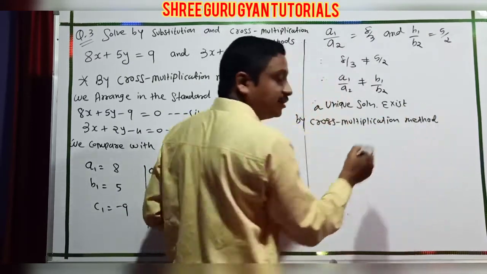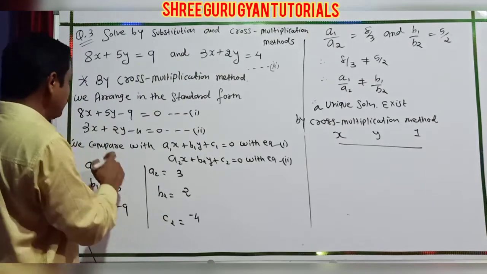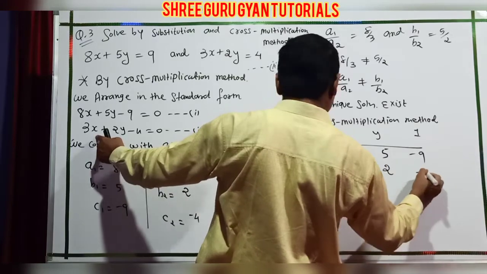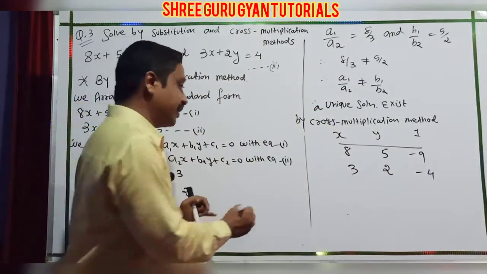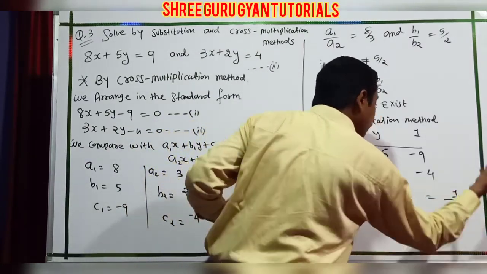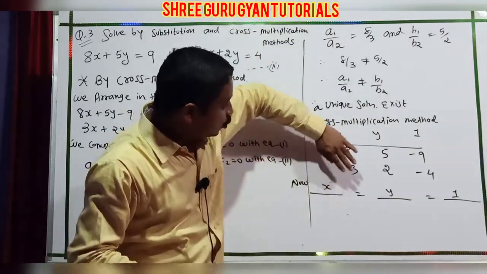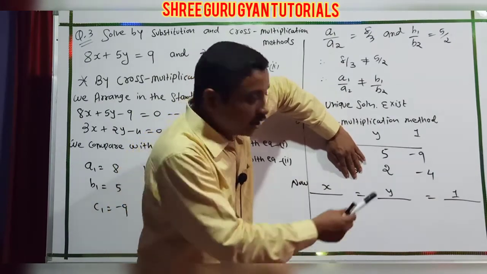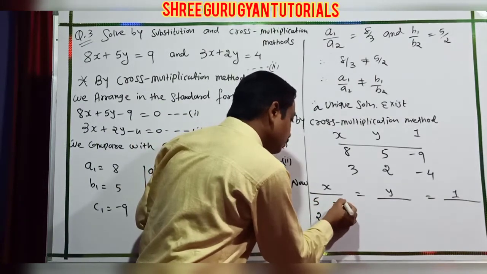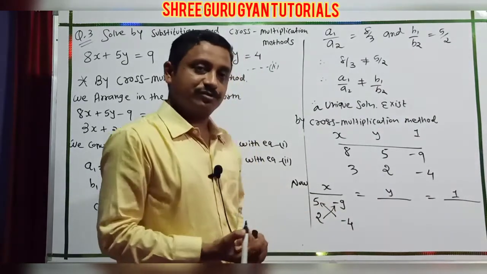First of all, arrange our coefficients x, y, 1, so here our values are 8, 5, minus 9, and secondly 3, 2, minus 4, and go method-wise. So what's your method? x below, y below, and 1 below. These are cross multiplication values. For x, you put your head here, and the remaining are 5, 2, minus 9, minus 4, and make the cross multiplication posture.